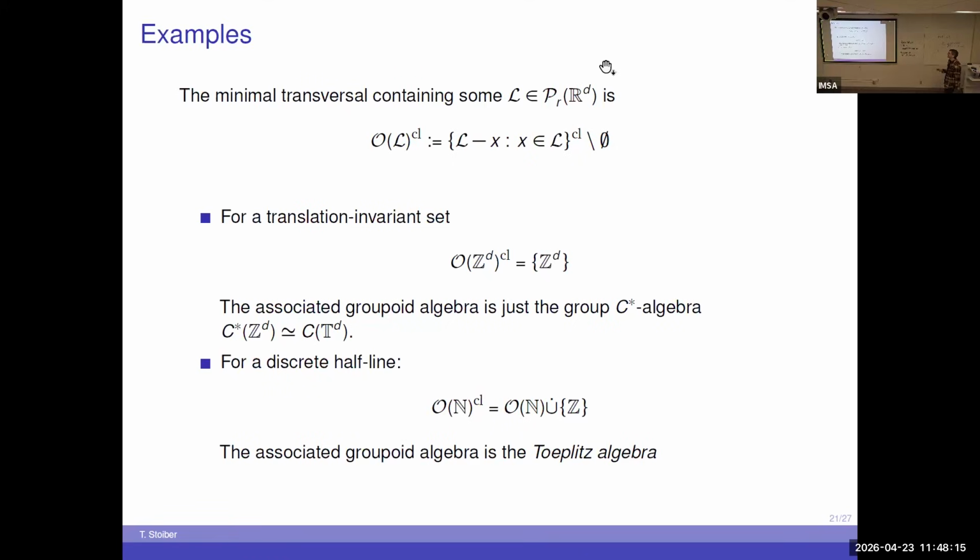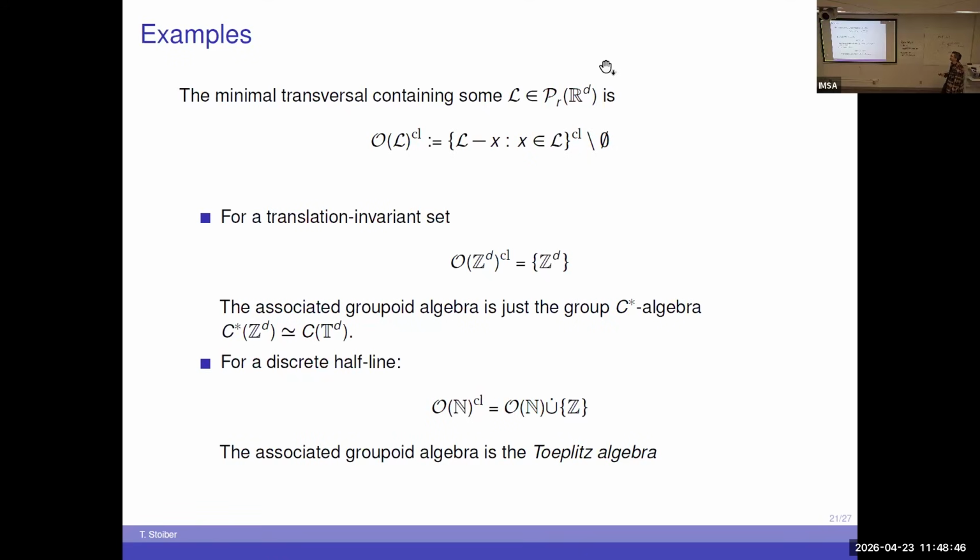Well, it's a translation invariant pattern, so the orbit just contains a single pattern. So then the groupoid algebra simplifies tremendously. It's just the group C-star algebra of Z^d itself. And this is going to be what the bulk algebra is. If you start with a pattern which has no boundaries, then you just get an algebra of translation invariant observables.